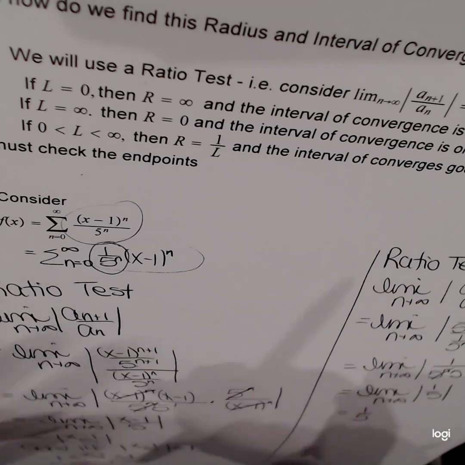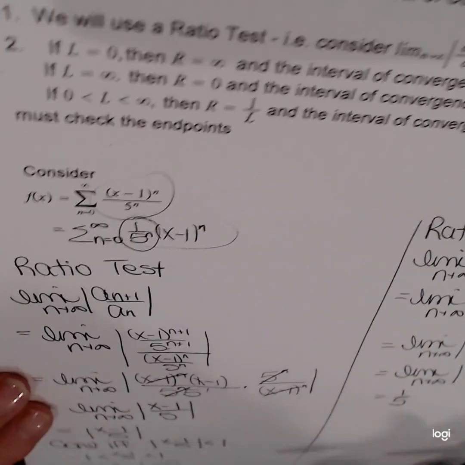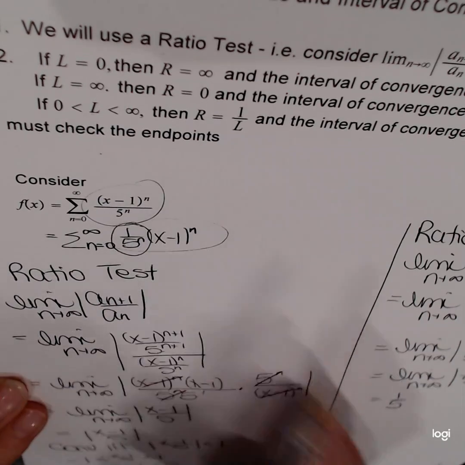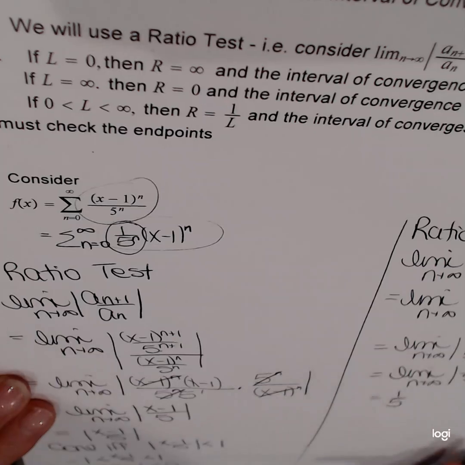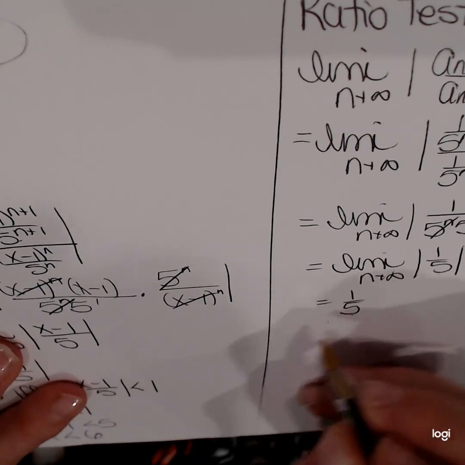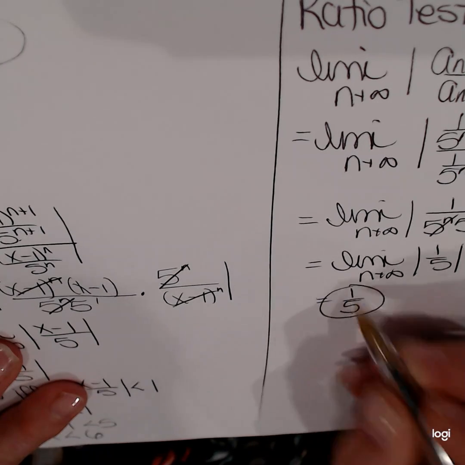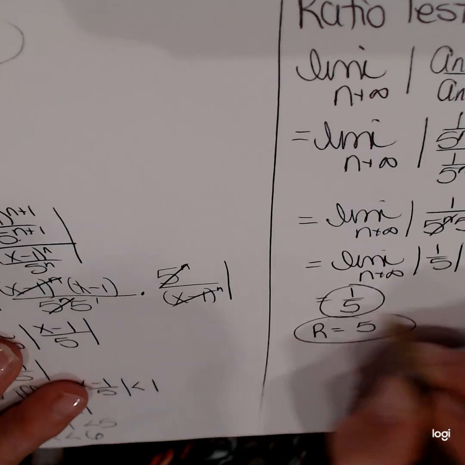So it's taking whatever we get there and flipping it to get our value of r. If we get something in between, we can define the radius of convergence simply by flipping the value we get. Look at the value we just got: 1/5, which means our radius of convergence is 5.